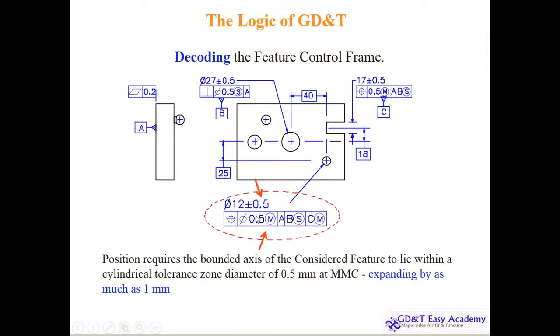This 0.5 and this 0.5 will be added, and it can expand. Expand is not with respect to the axis. This diameter can also deviate and the axis can deviate, and collectively it can deviate 1.